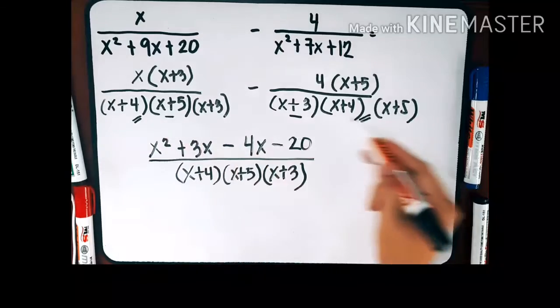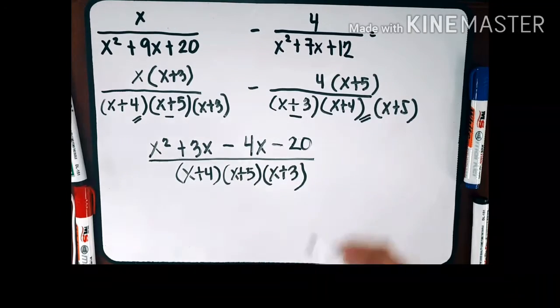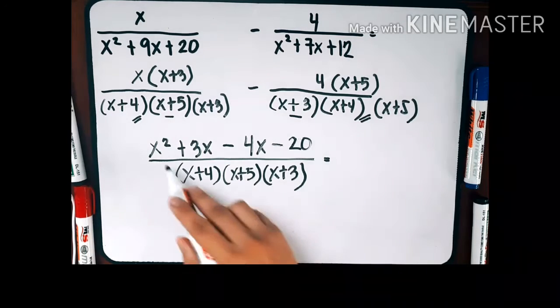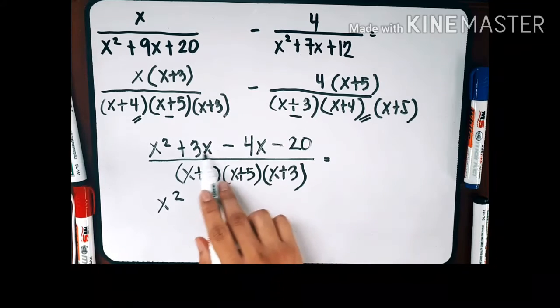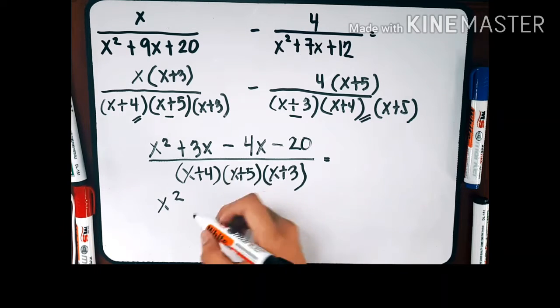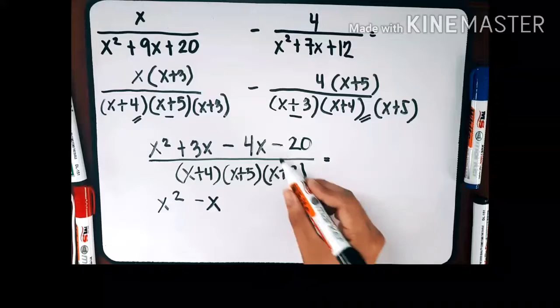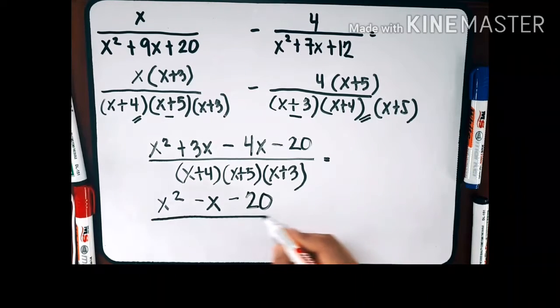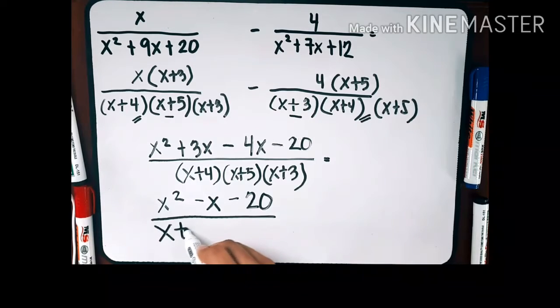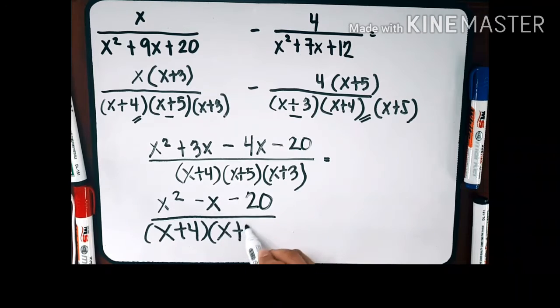So, pagsamasamahin na lang natin sila. Okay? Next is, combine natin yung like terms. So, x squared, positive 3x minus 4x is negative x, minus 20, over x plus 4, multiplied by x plus 5, multiplied by x plus 3.